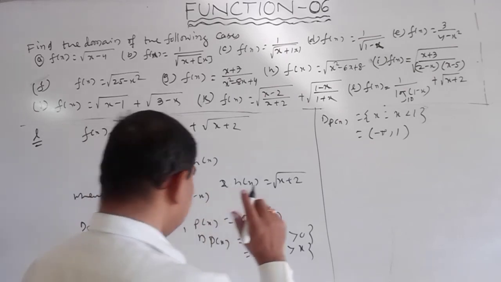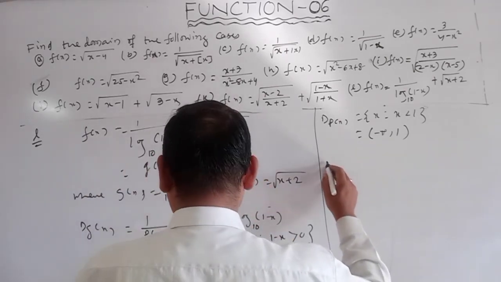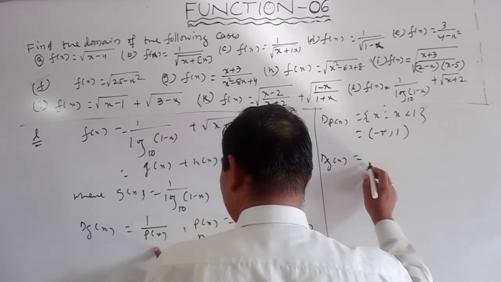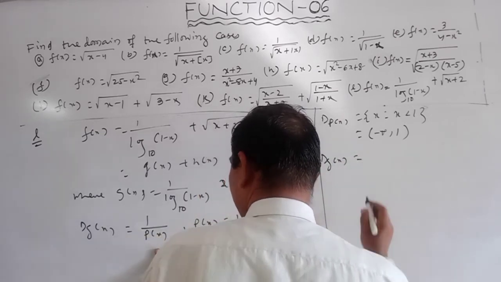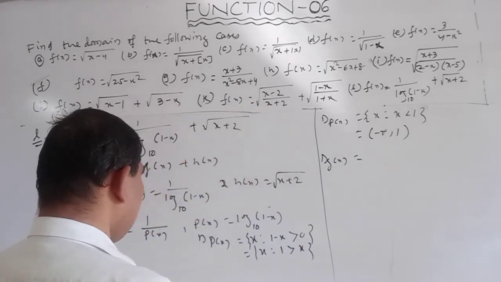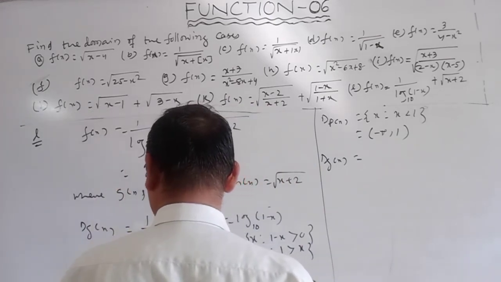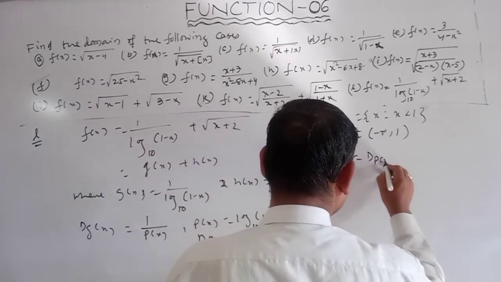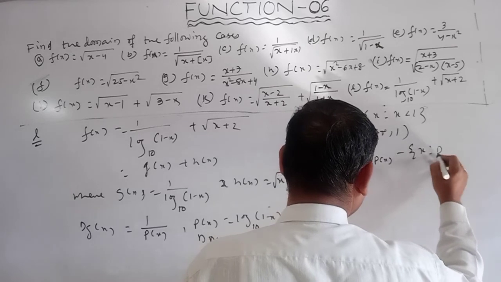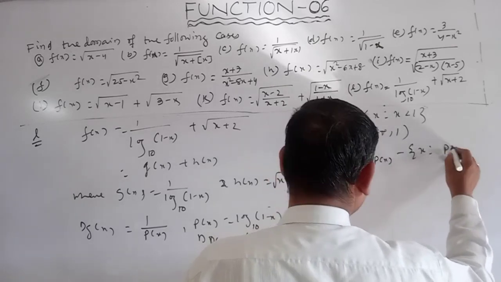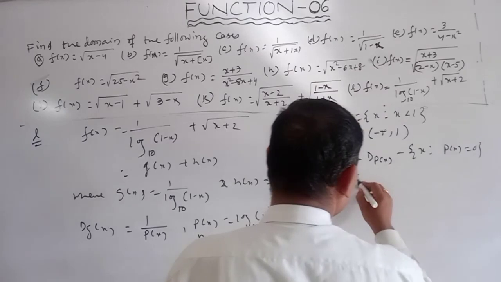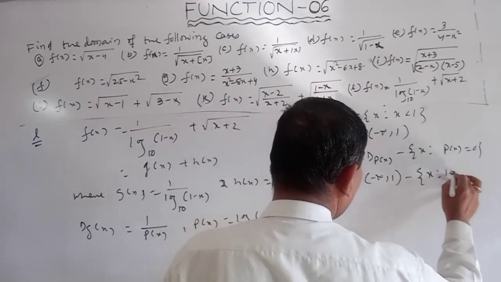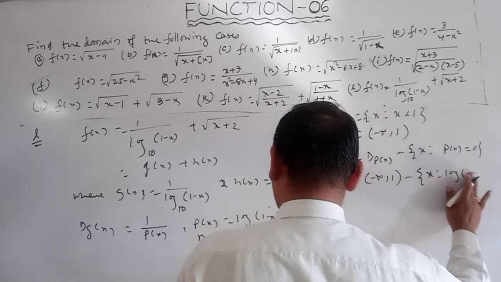Next, domain of g(x) is equal to domain of p(x) minus x such that p of x is equal to 0. So is equal to minus infinity to 1 minus x such that log of 1 minus x is equal to 0.